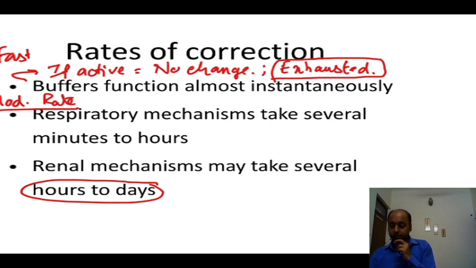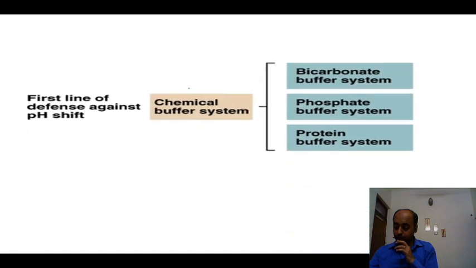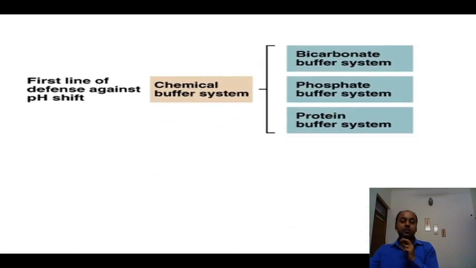So this is the rate of correction for the different buffering mechanisms we discussed: the chemical buffers, the respiratory mechanism, and the renal mechanism. These are the three primary buffering actions that we get to see. Like I said, the first line of defense against a shift in pH is the chemical buffers.